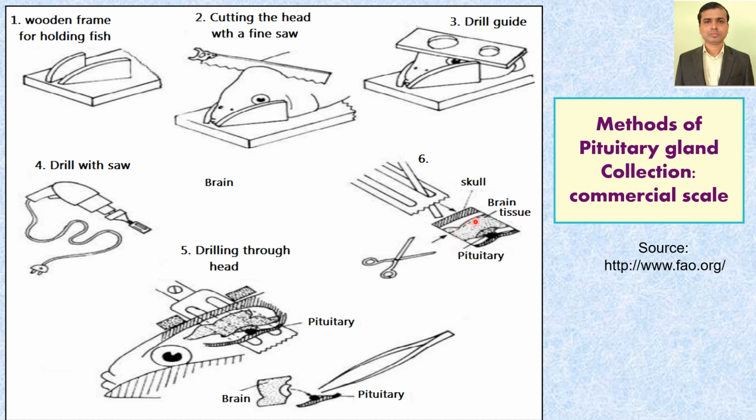The part of the skull and the brain tissue with the pituitary gland are separated with the help of scissors, and finally the pituitary gland is separated from the brain and picked out with forceps. The gland is finally preserved in acetone or ethyl alcohol or subjected to freezing.